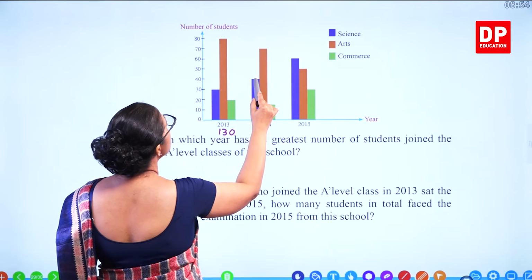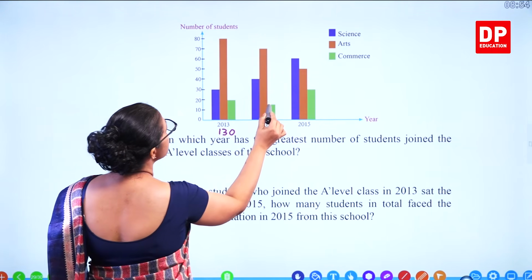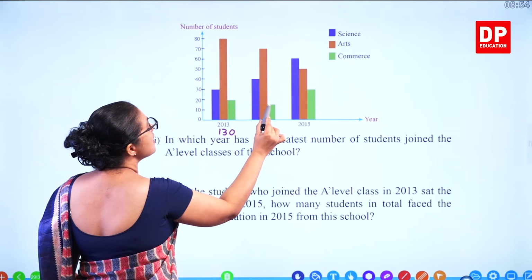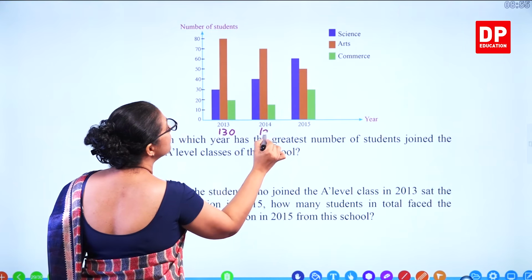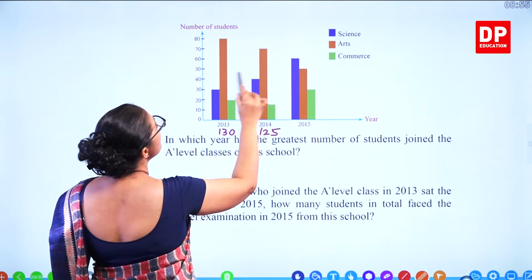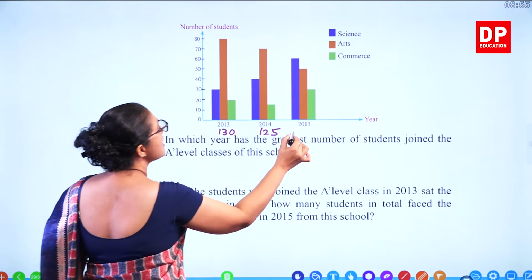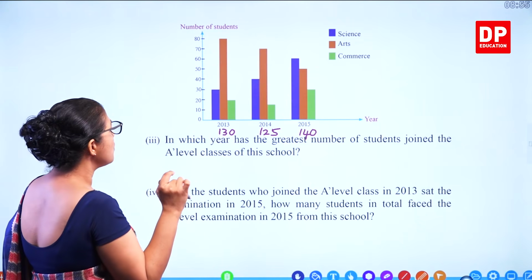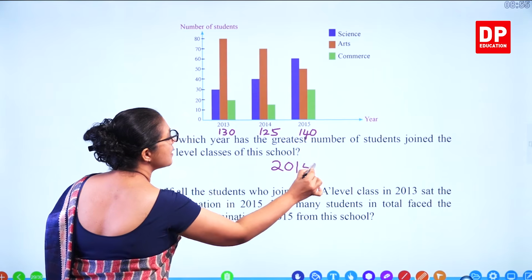This one 40, 70, 110 plus 15, 125. Here, this one is 60, 50, 110 and 110 plus 30, 140. So which year? Highest number of students, greatest number of students, that's 2015.